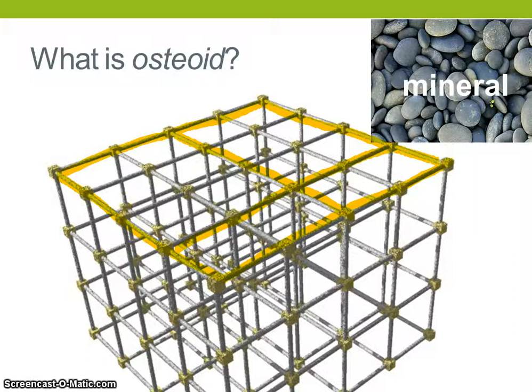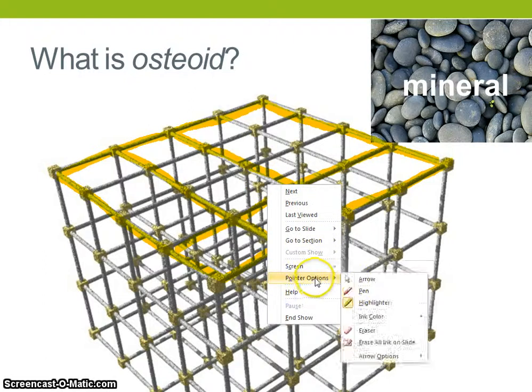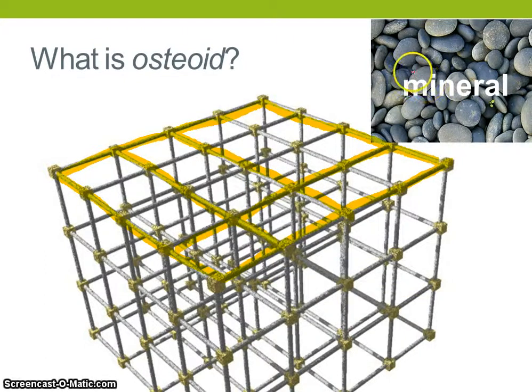This is an organic substance, which means that it's carbon-based. It's made by your body. It consists of collagen, fibronectin, other very specialized proteins. And when you add on into this process minerals, which are non-organic, which are essentially what make up rocks, and these are going to be your calcium, your phosphorus, these more dense elements into this osteoid matrix, you're going to get what is actually bone.